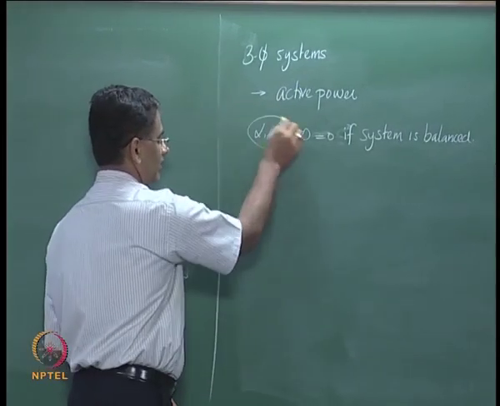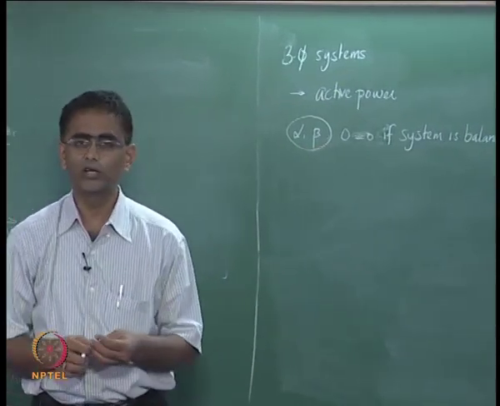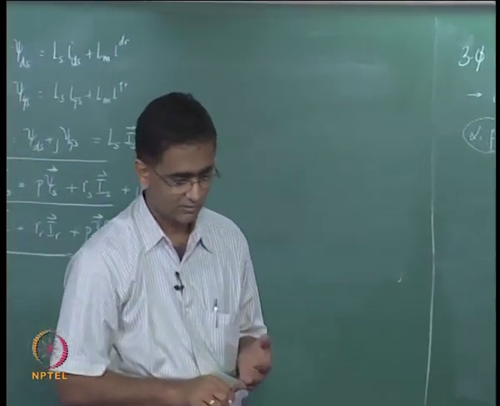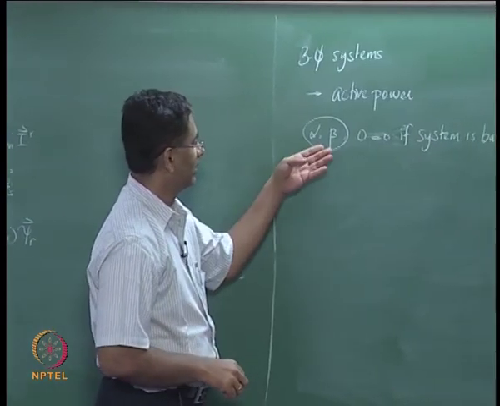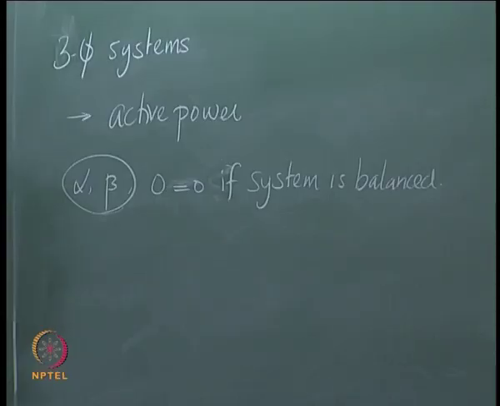Then you deal only with alpha and beta, and many times 3-phase systems are balanced, or we tend to analyze balanced systems, and therefore one can look only at these two terms. And what do you have in alpha and beta?